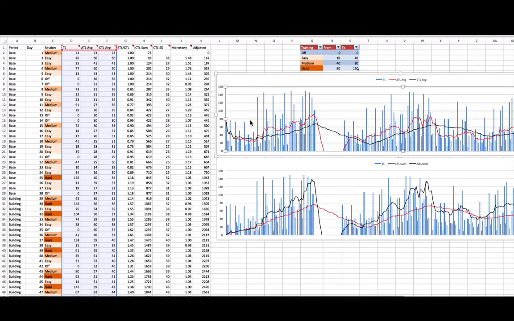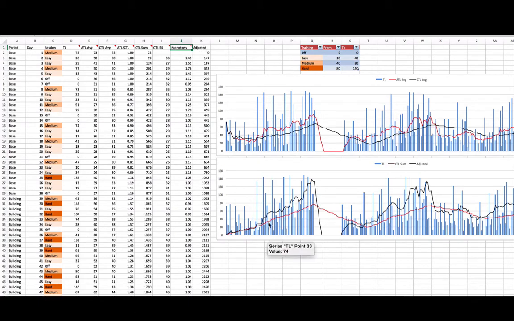And that's one of the adjustment factors that should be applied to a training load. So we have this monotony, and the adjusted training load, what I did here in the black line, is that I multiplied the chronic sum, the chronic training load that's summed, by the ratio of acute to chronic, and multiplied by monotony.